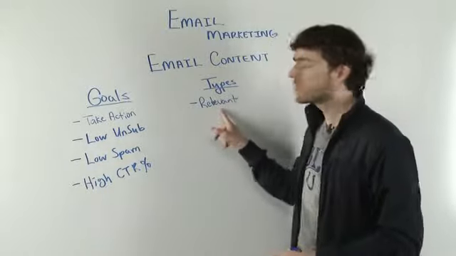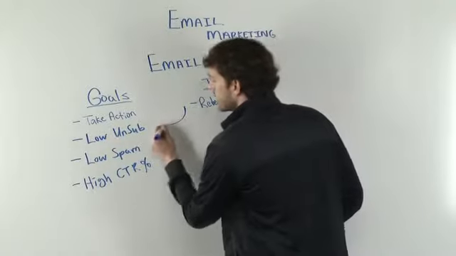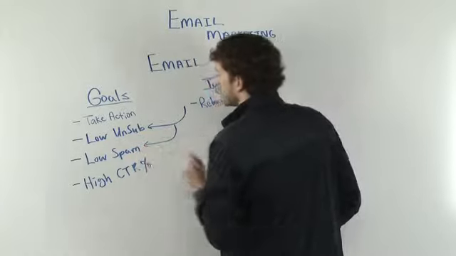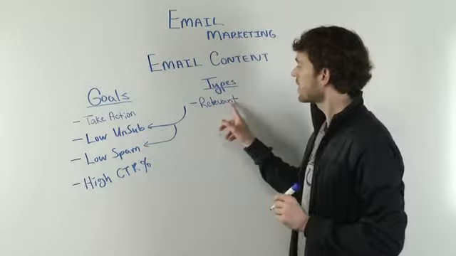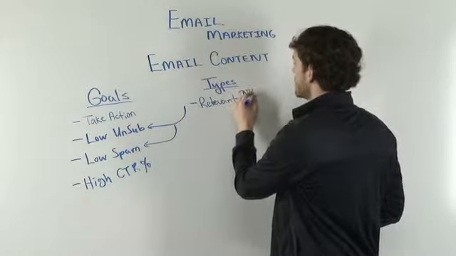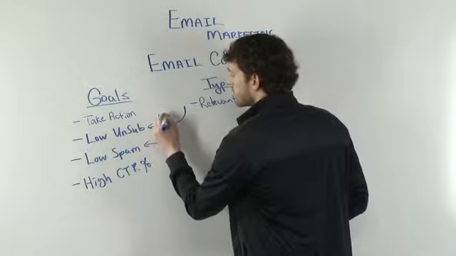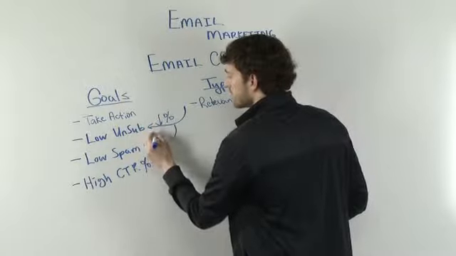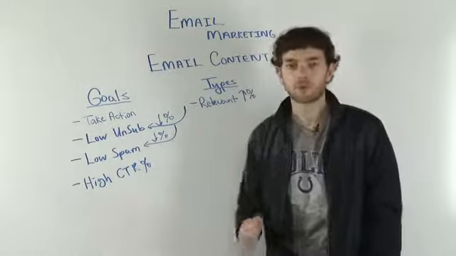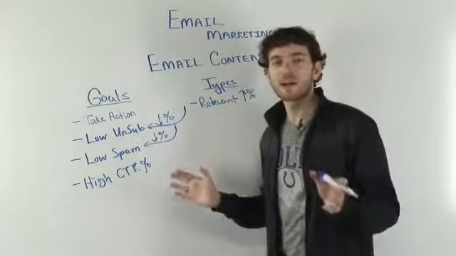Because the more relevant the email is, the less likely they are to unsubscribe and to report it as spam, right? So if you can make your relevancy high, then you're going to lower the percentage of unsubs and lower the percentage of spam complaints, okay? That's number one.